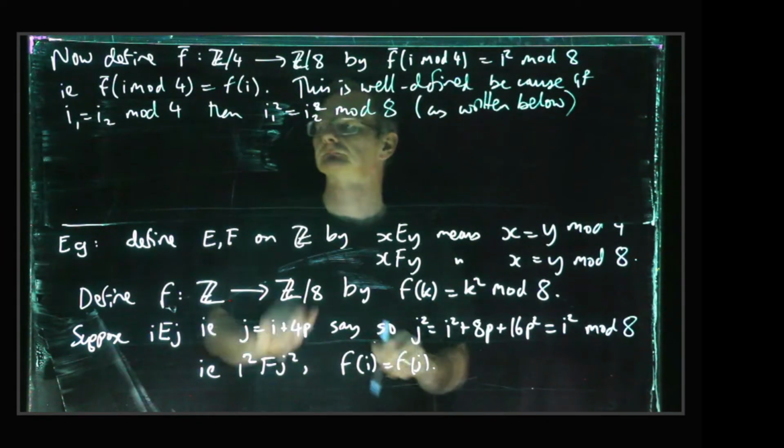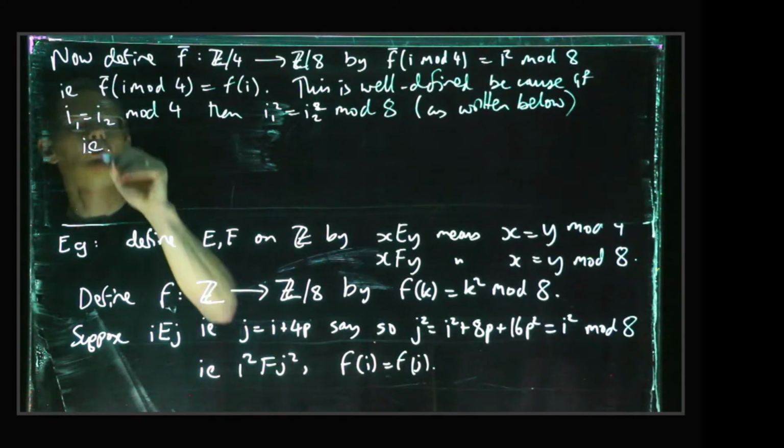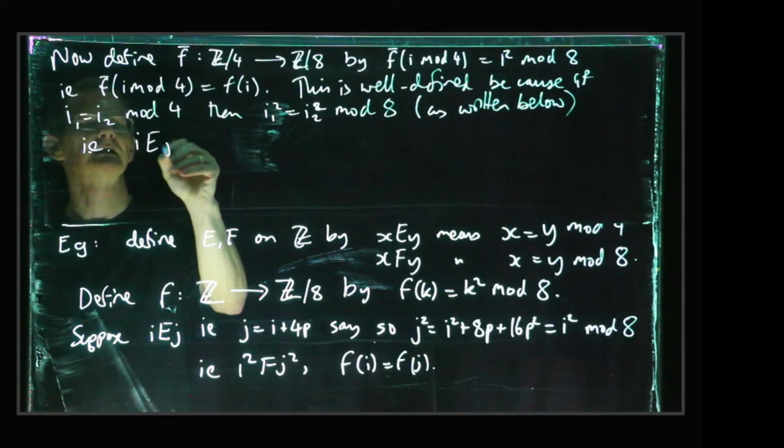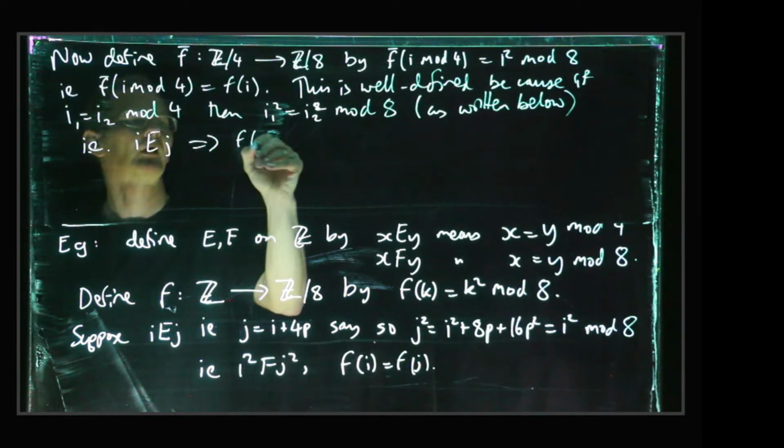And writing this in terms of E and F, it's just this statement that i E j implies f of i equals f of j.